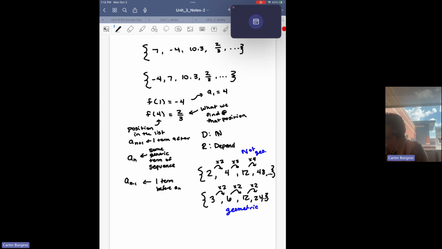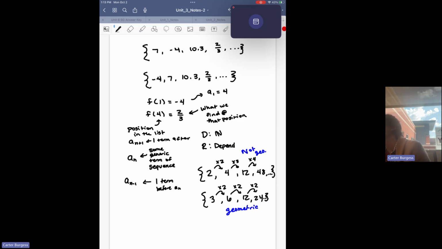What does the input tell me? Yeah, the inputs of our sequence function tell us where we fall, and the outputs are whatever we find at that particular position.